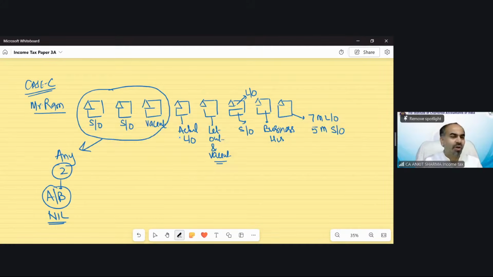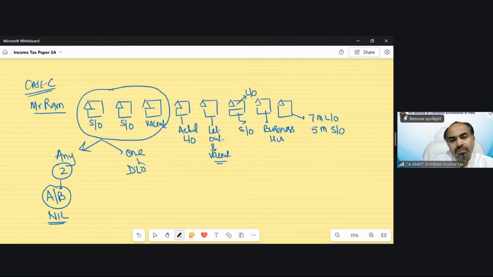Annual value nil, deduction will be nil, interest you can claim under optional tax regime, but not under default tax regime.